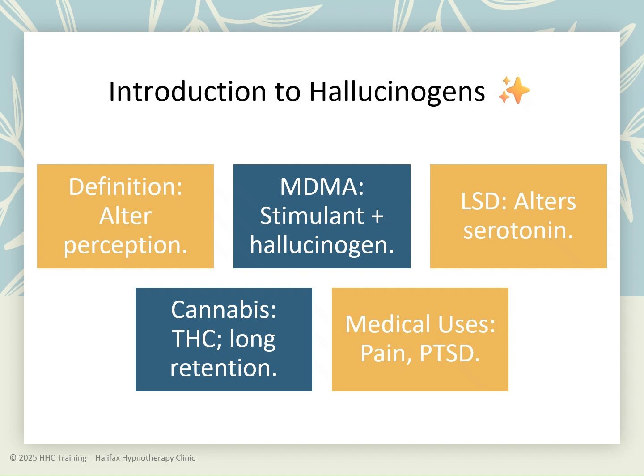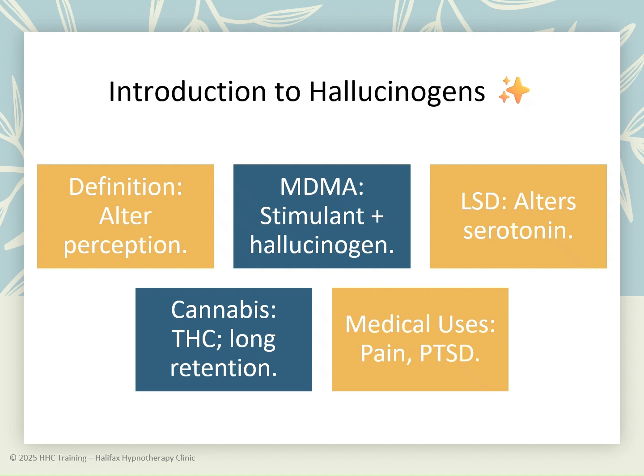It can also disrupt memory formation and short-term recall. A unique property of marijuana is that, unlike many drugs, THC can stay in the body for up to a week. This means regular users may require less of the drug over time to achieve the same effect.